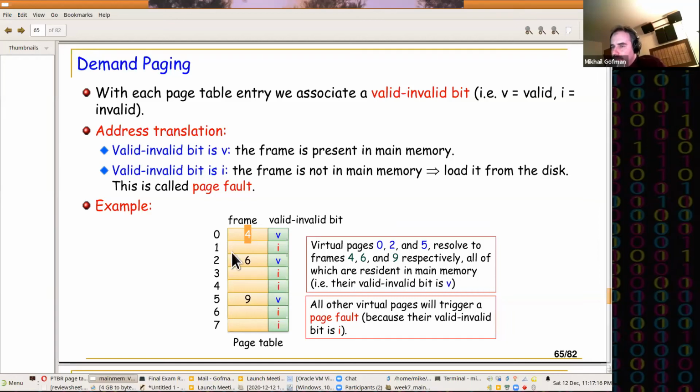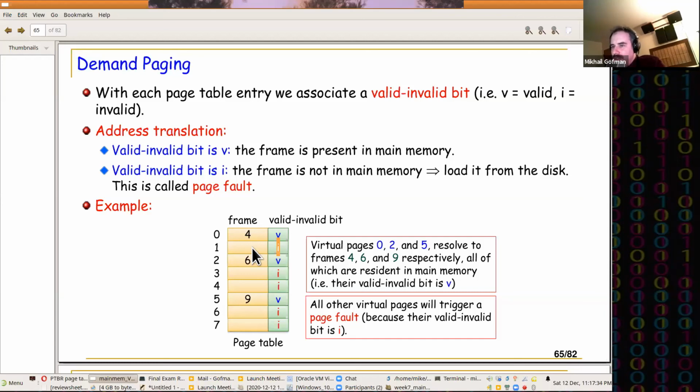Otherwise, if the process decides to access page 1 and the bit is set to invalid, then it means that if the access is valid, the associated page is not stored in the physical memory, but rather is on the disk.